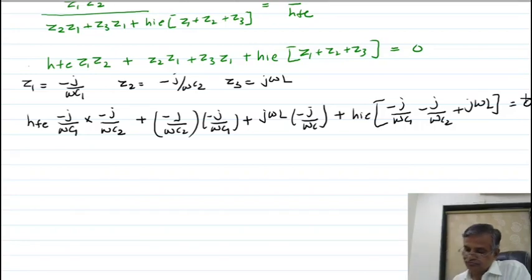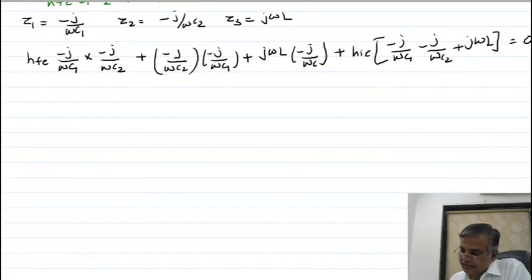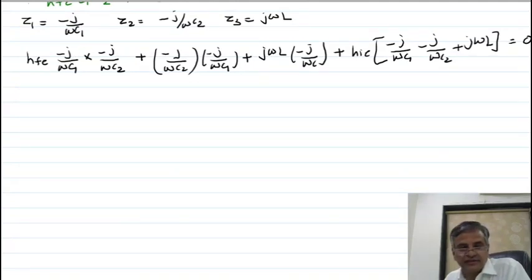So let us look here. Let us simplify more. This is j into j squared, that is minus, and one minus sign is left. So this is hfe upon omega squared C1 C2 j squared.